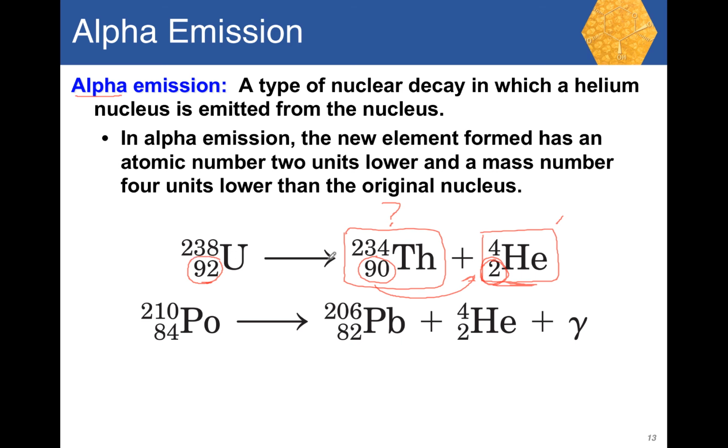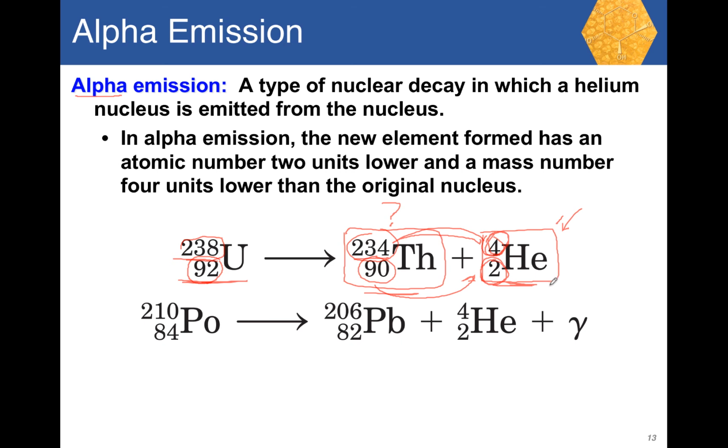For the mass number, 238, it emits helium, which has a 4. So 234 and 4 add up to 238. This is the element that's formed after uranium has emitted an alpha particle through radiation.